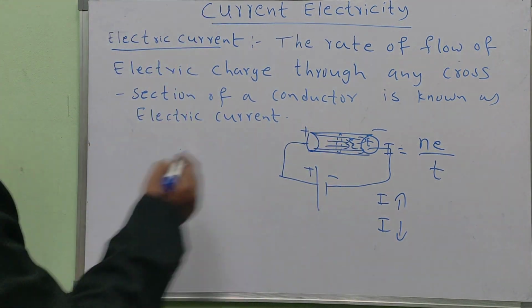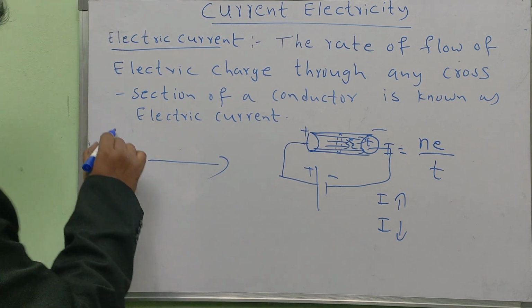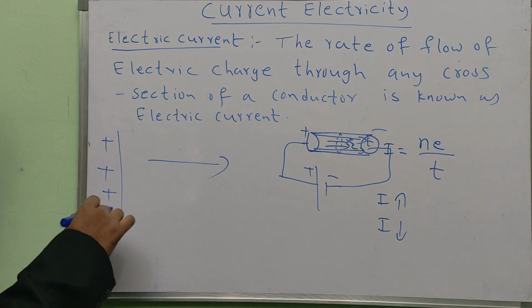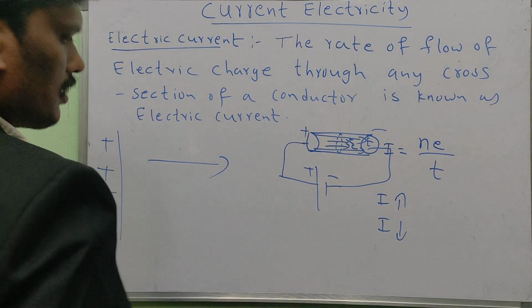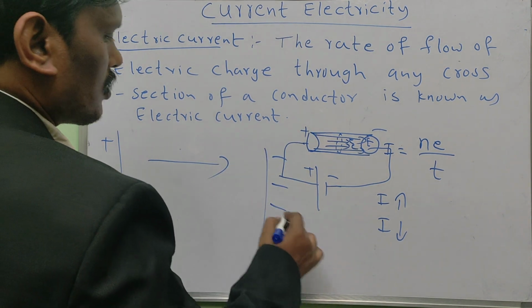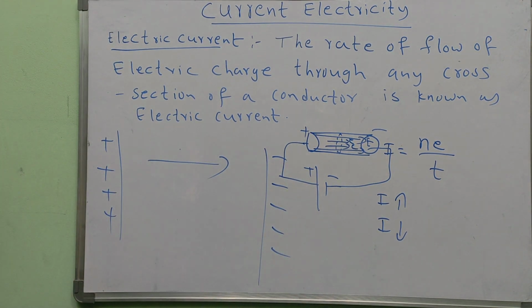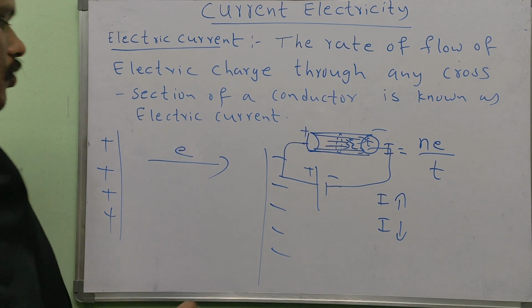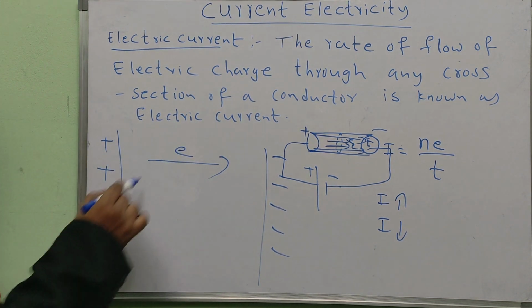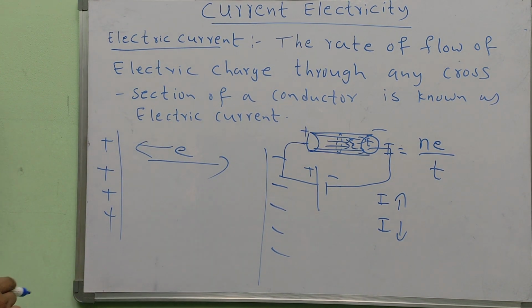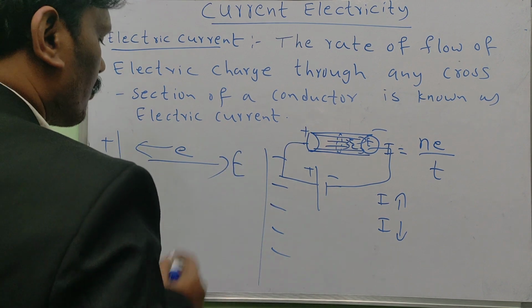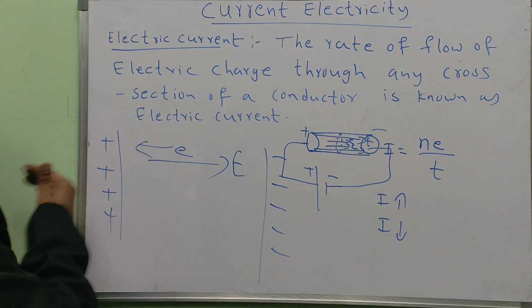Why? Because if I imagine an electric field, definitely some positive charges will be present, otherwise we can understand that some negative charge will be present, whatever it may be. If I leave an electron here, what happens? It is attracted by the positive plate, so it moves in this direction. That means the force experienced by the electron is towards the positive plate. That's why, in an electric field, the force acting on the electron is opposite to the electric field.